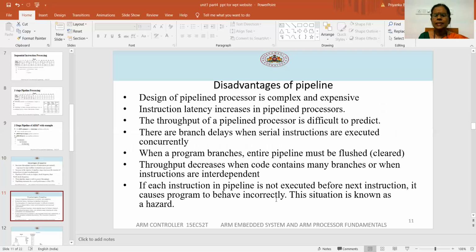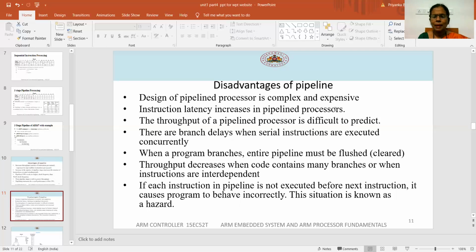So then what are the disadvantages of pipeline? Sequential is easy to design, but doing execution, decoding and fetching simultaneously in the same cycle is a complex task. So the design of a pipeline processor is complex and it is also expensive. Instruction latency increases in a pipelined processor. So what is latency?